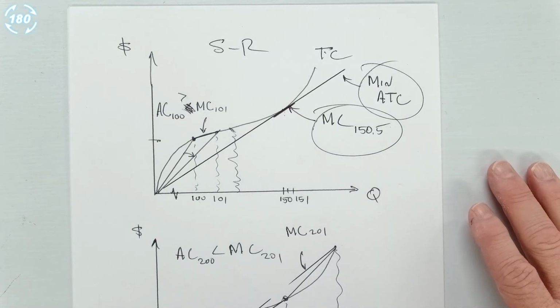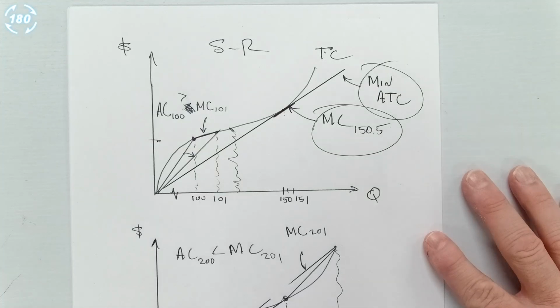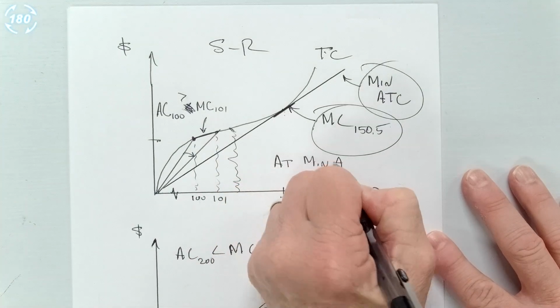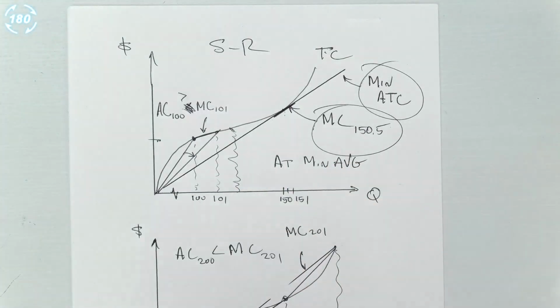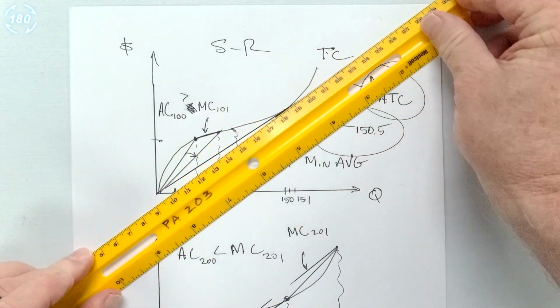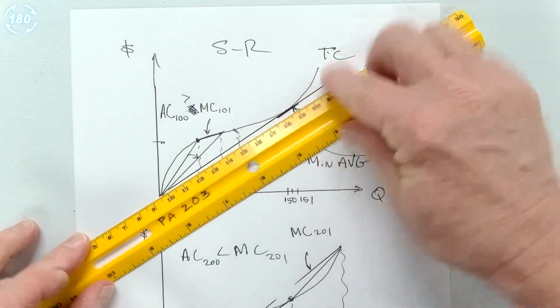We've noted this numerically and elsewhere graphically, but again, at the minimum average, whatever it is, if it's average total cost or average variable cost, the minimum average equals the marginal.